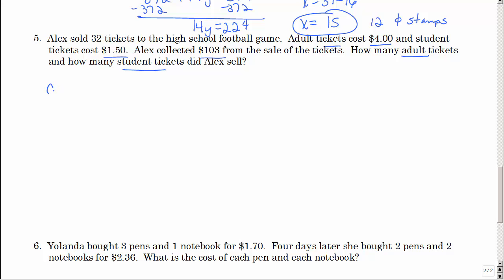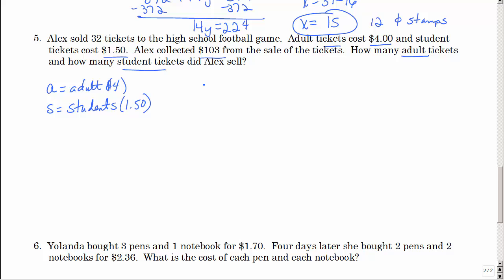So I'm going to let A be my adult tickets, and I'm going to let S be my student tickets. I'm going to do the same thing I did on my other two problems. I'm going to remember the adult ones are $4 and the student ones are $1.50.